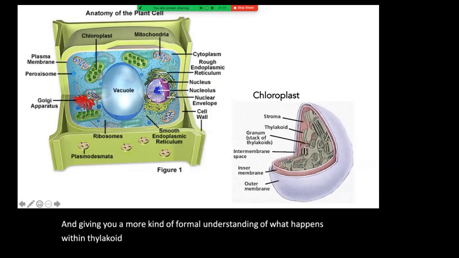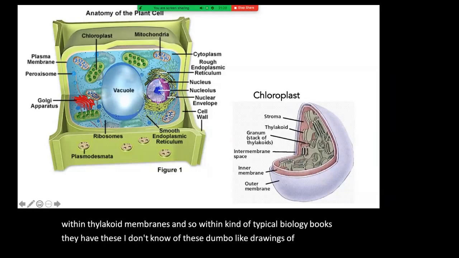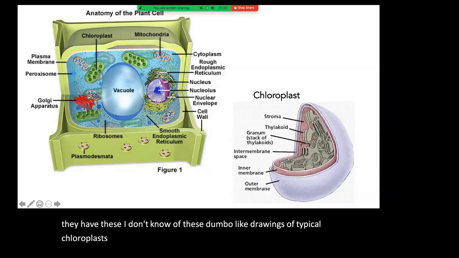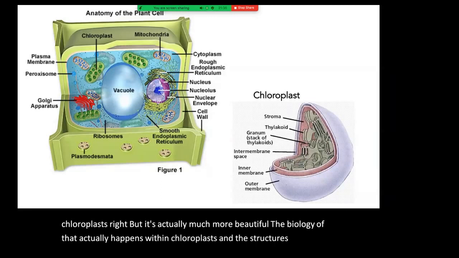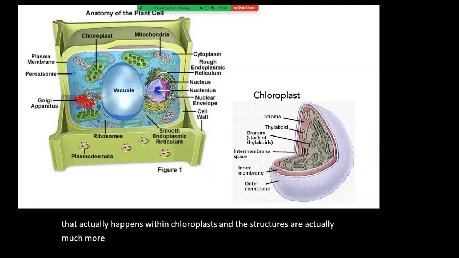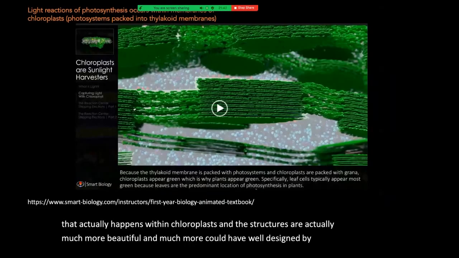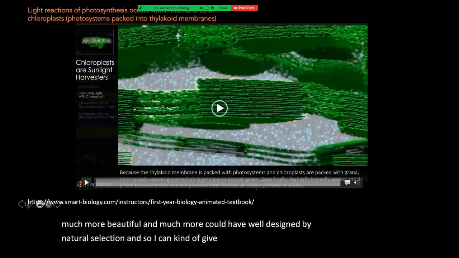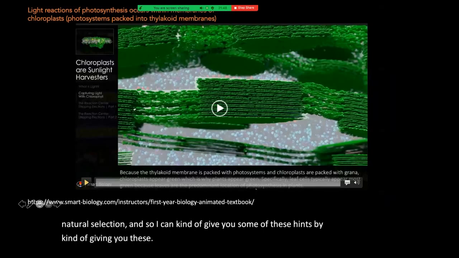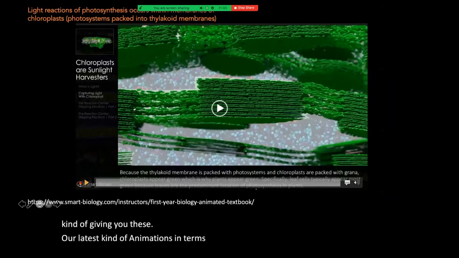And so within typical biology books, they have these, I don't know, Dumbo-like drawings of the typical chloroplasts, right? But the biology that actually happens within chloroplasts and the structures are actually much more beautiful and much more well designed by natural selection. And so I can give you some hints by showing you our latest animations of what the biology actually looks like.